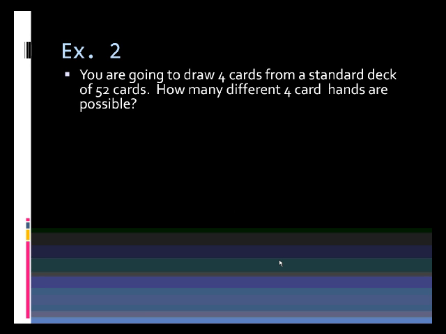When you're picking a hand of cards, it doesn't matter what order you were dealt those cards, okay? It's not like Hold'em or something like that, all right? It just matters what's in your hand. So how would I do this? Go ahead and give it a try. You can use your calculator. You don't have to write it out factorially.